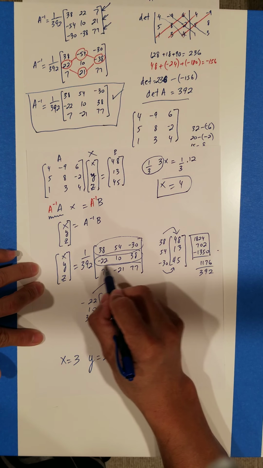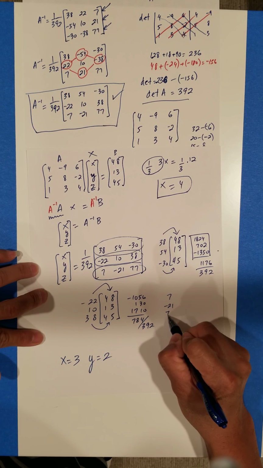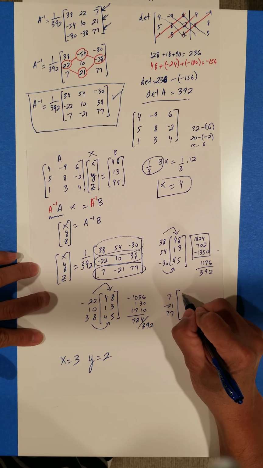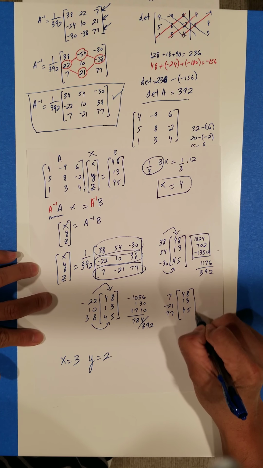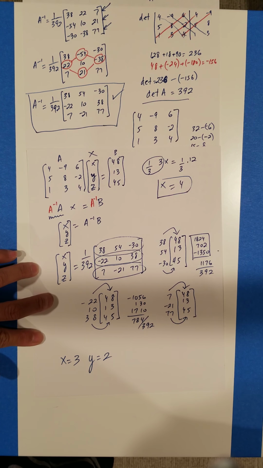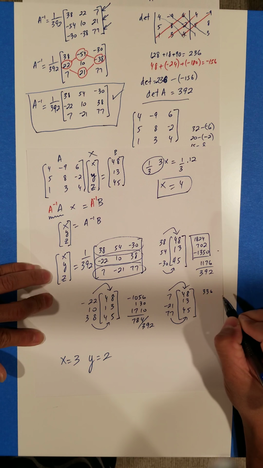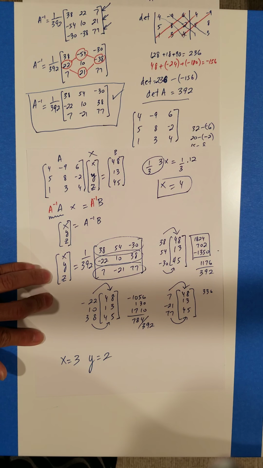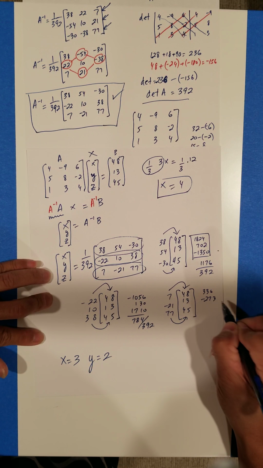Now the last row, stand it up: 7, negative 21, 77. I'm going to multiply with 48, 13, 45. Now multiply and add. 48 times 7, I'm looking at 336. Negative 21 multiplied by 13, I get negative 273.